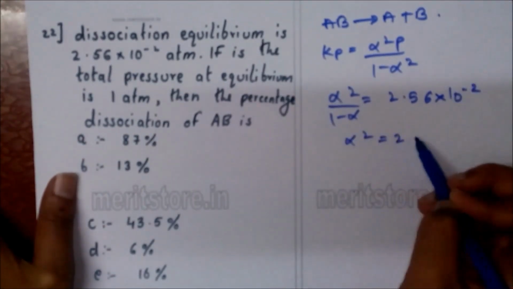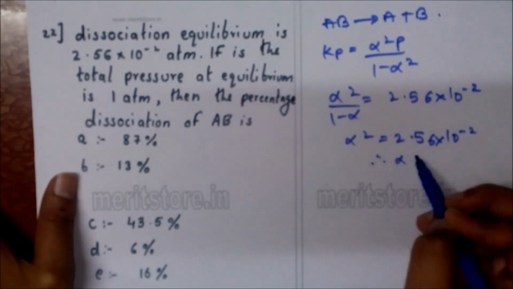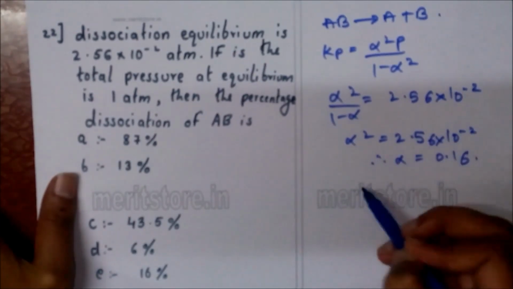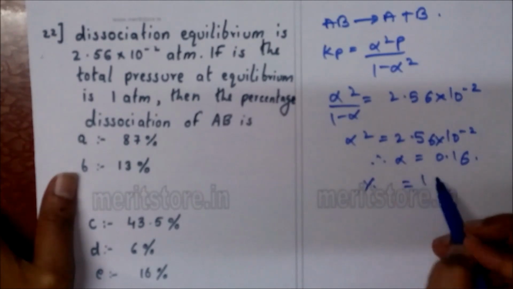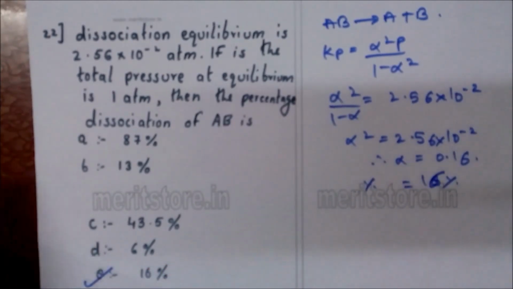Alpha square is equal to 2.56 into 10 raised to minus 2. Therefore alpha is equal to 0.16. Therefore percentage of dissociation is equal to 16%. So option E is the correct option.